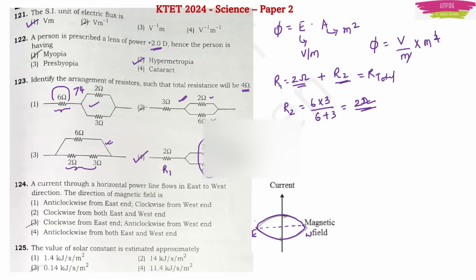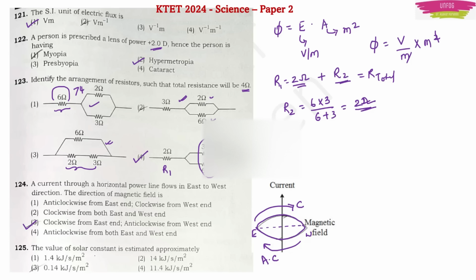So this is a clockwise direction and this is an anti-clockwise direction. That's the reason why option 3 will be the correct answer here. It will be clockwise from the east end and anti-clockwise from the west end.